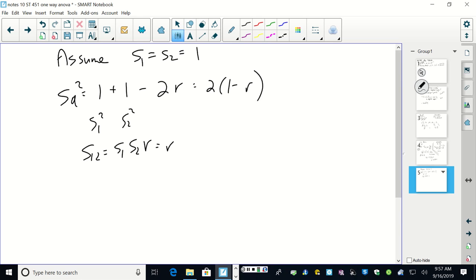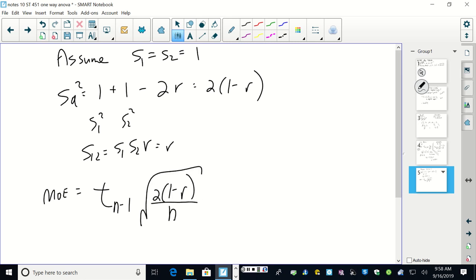And so then our margin of error for the paired side is our t, which used n minus 1, 0.975 percentile. And then S sub d is 2 times 1 minus r. We divide that by n, and take the square root of that whole thing. Before we wrote it as S sub d, which is the square root of that.